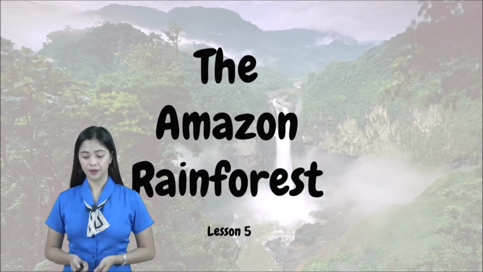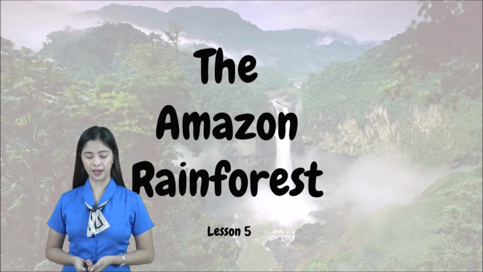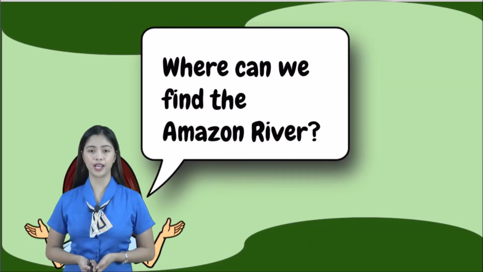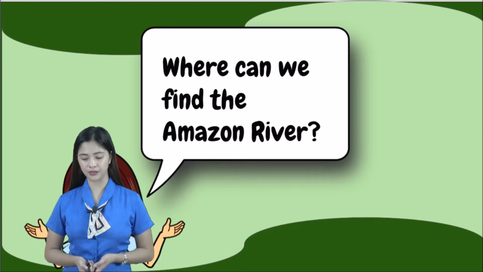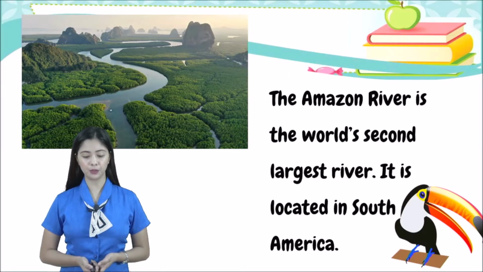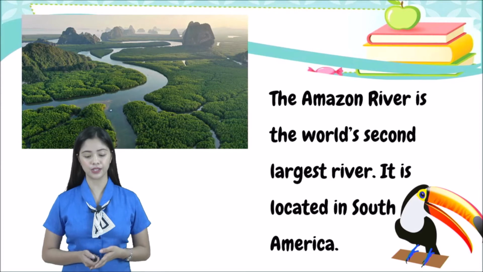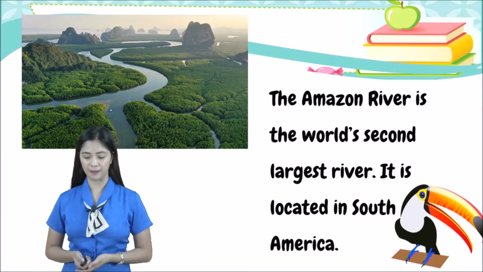So kids, where can we find the Amazon River? Before we talk about the Amazon rainforest, let's talk about where we can find the Amazon River. We can find the Amazon River, and this is the world's second largest river. We can find it inside the Amazon rainforest, and it is located in South America.